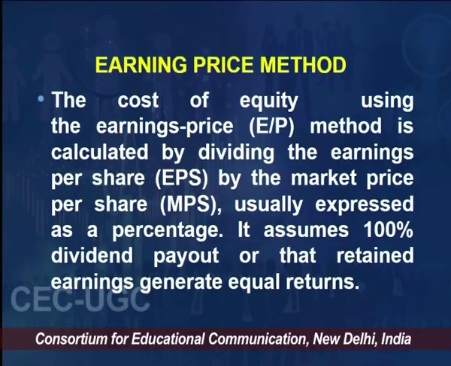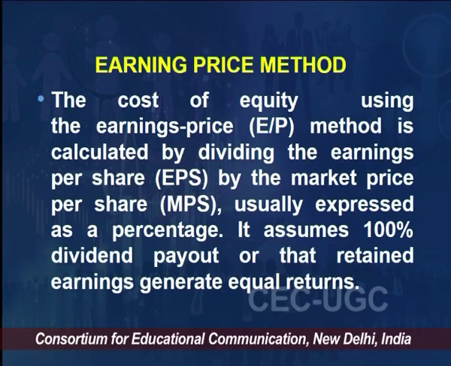So, there are a couple of attempts, there are 5-6 methods which we have, and 2 methods we have discussed in the past in part 1, and today I am going to discuss the third method, the earning price method. So, what is the earning price method? The cost of equity using the earning price method is calculated by dividing the earnings per share, EPS, by the market price per share, MPS.